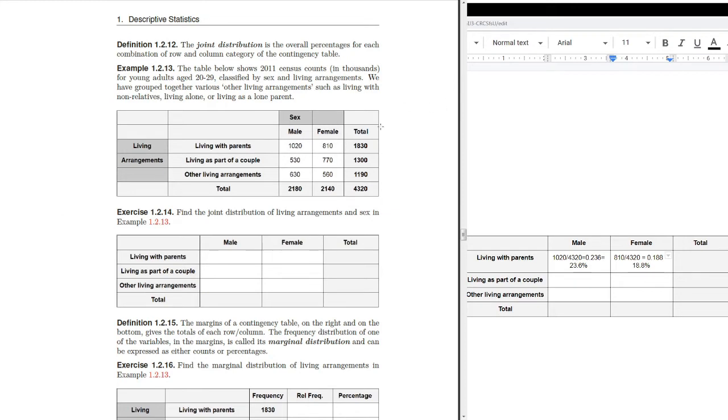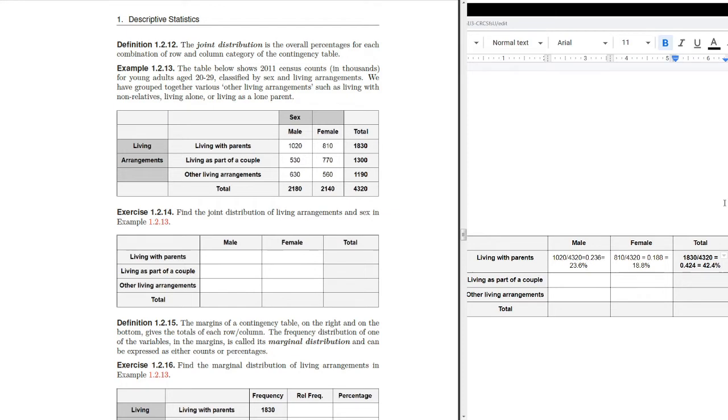And for the total adults that are living with their parents, we will take 1830 and divide it by 4320. So 1830 divided by 4320 gives us 0.424 or 42.4%.